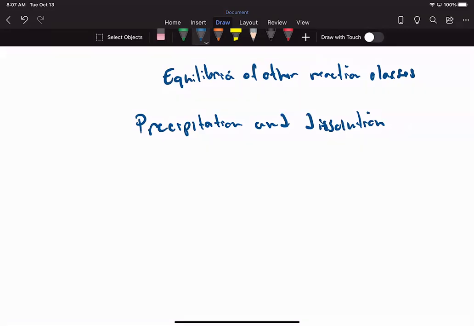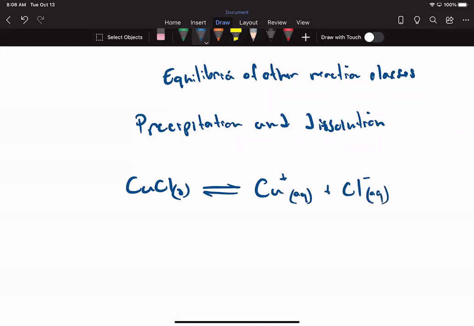So precipitation and dissolution. If we have a solid, we'll say copper 1 chloride. When we ionize it, we can get copper plus, some aqueous ions from that, and then we'll get some chloride ions as well. While we're going this direction, from solid to these ions, this is what we consider dissolution.